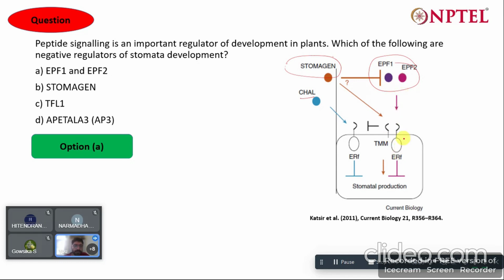They work via the ERF receptors. So EPF1 and 2 bind to ERFs, which are their receptors, and they inhibit stomatal production. But when stomagen is there, it binds through TMM, its receptor, and it inhibits EPF1 and EPF2, and it helps in stomatal production.